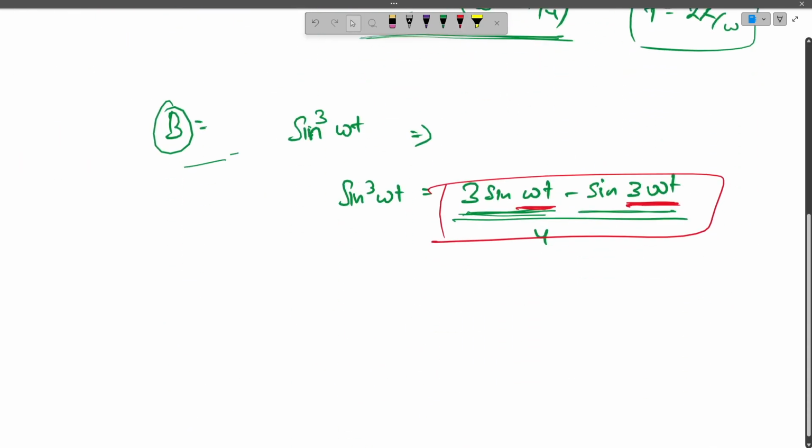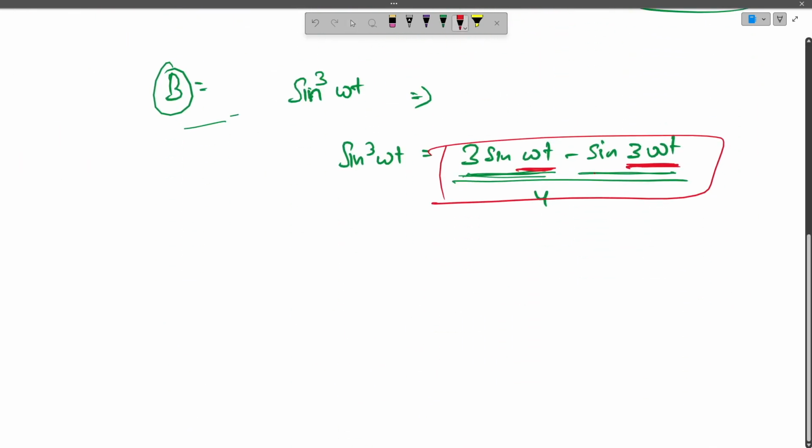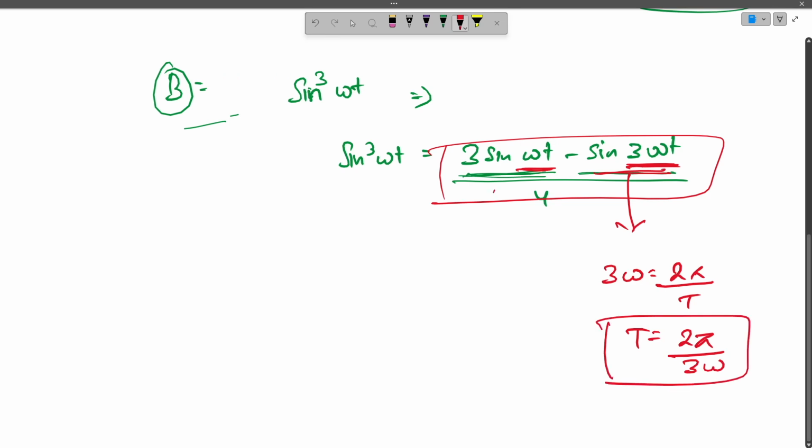Using the same technique for this part, the coefficient of t is 3 omega, so 3 omega equals 2 pi by T, and the time period would be 2 pi by 3 omega. Similarly for the other part, omega equals 2 pi by T, so T would be 2 pi by omega.